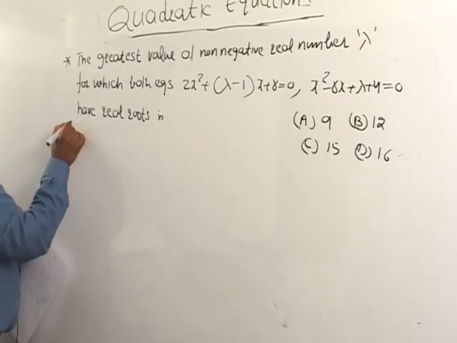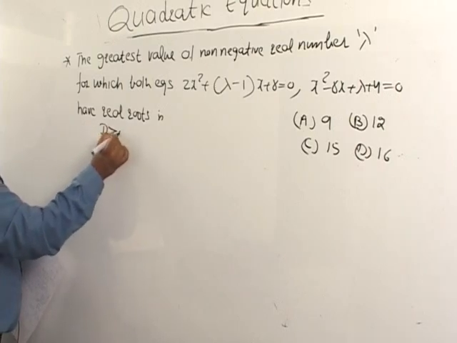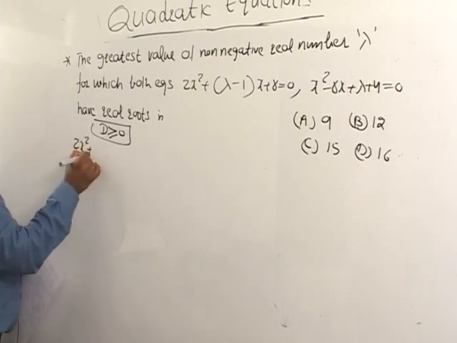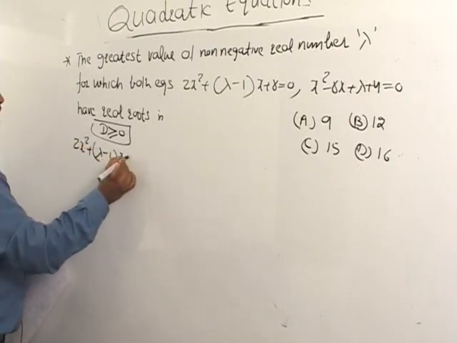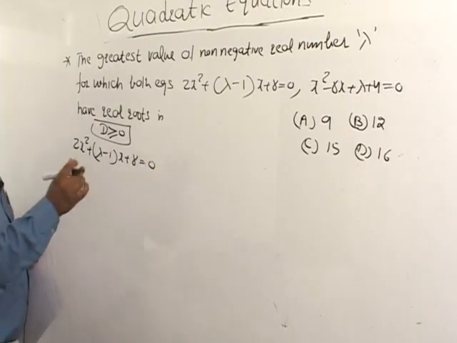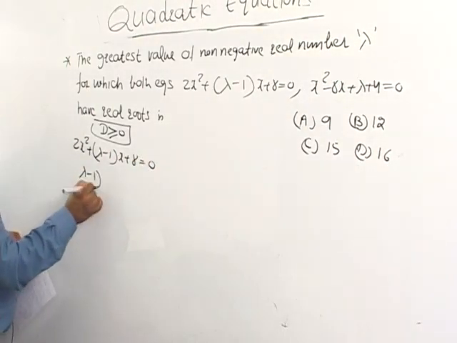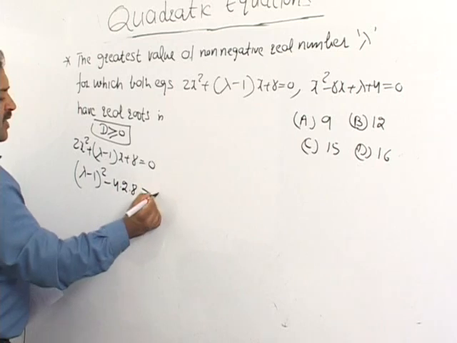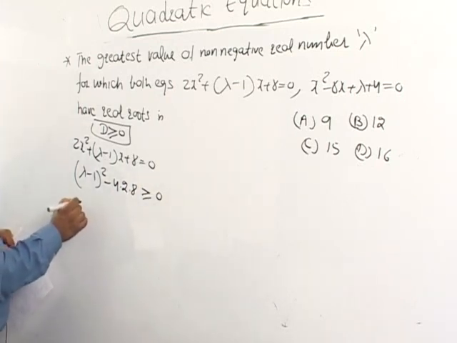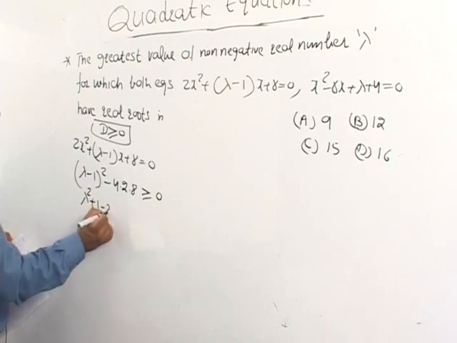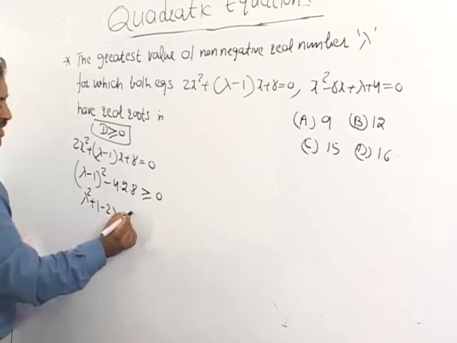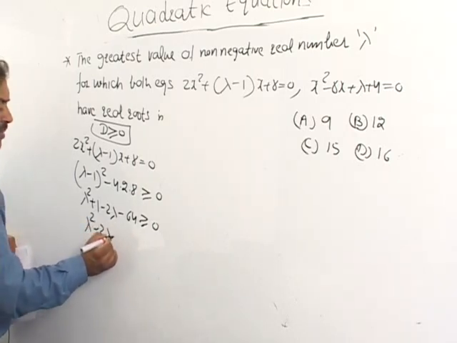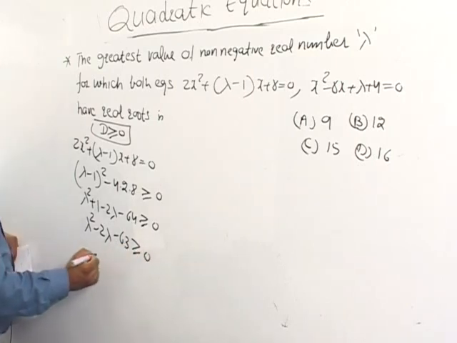That means first, if roots are real, D is always greater than equal to 0. So we'll take up the first equation, 2x square plus (lambda minus 1)x plus 8 is equal to 0. We find the discriminant: (lambda minus 1) whole square minus 4 into 2 into 8 will be greater than equal to 0. This is lambda square plus 1 minus 2 lambda minus 64 greater than equal to 0. Lambda square minus 2 lambda minus 63 greater than equal to 0.